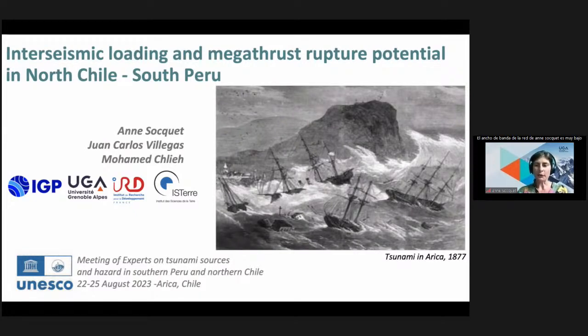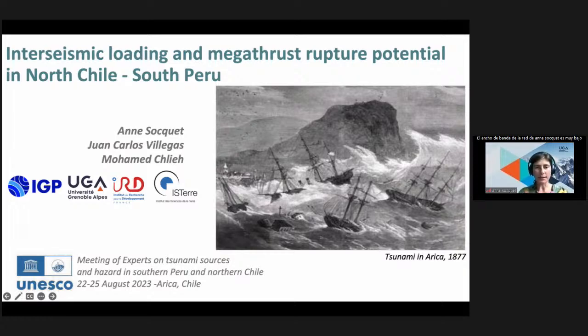So the three of us will talk: myself and Soke from ISTER Laboratory and Université Grenoble-Alpes, and Juan Carlos Villegas from IGP, Instituto Geofísico Peru. Then Mohamed will do a synthesis.